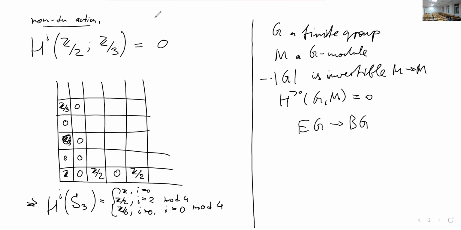Okay, so we have a local system. Let's call this map P. We have a local system. Let's call it M. What do we have?